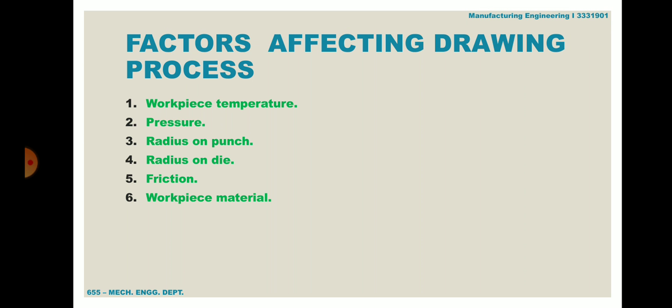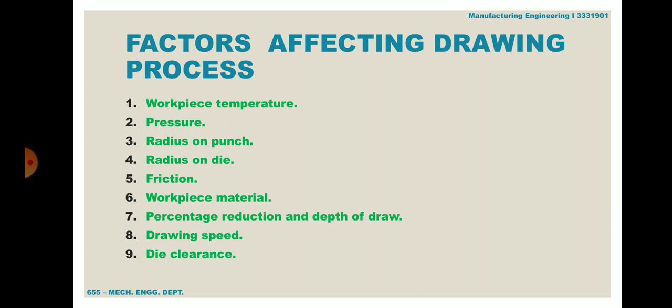Workpiece material, either brittle or ductile. Percentage reduction and depth of draw: how much we have to reduce it and what the depth is. And the drawing speed and the die clearance. So these are the factors affecting the drawing process.